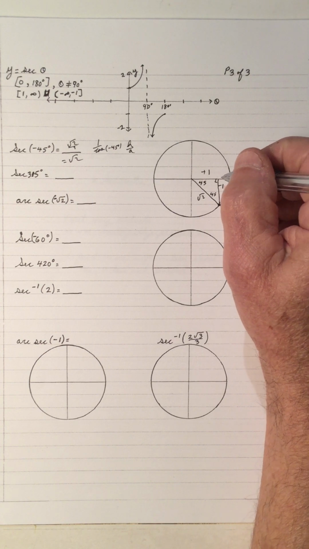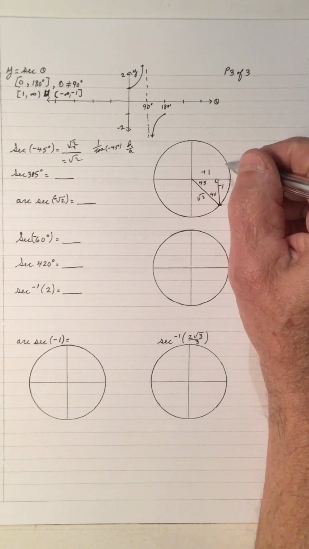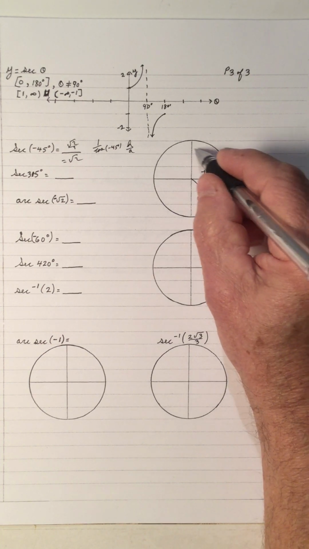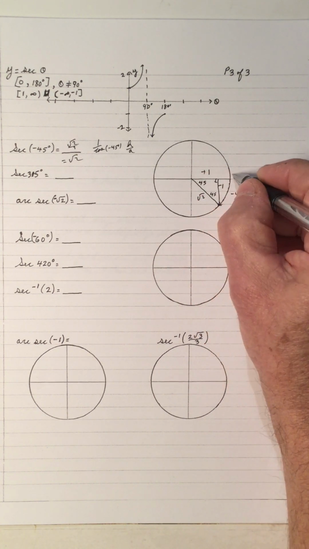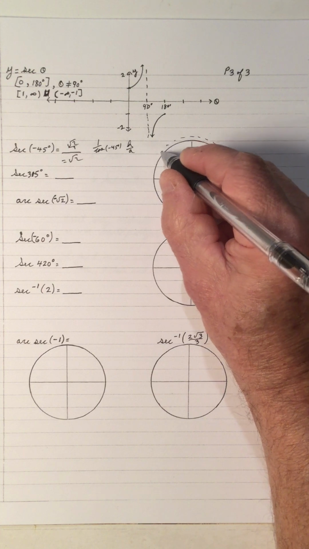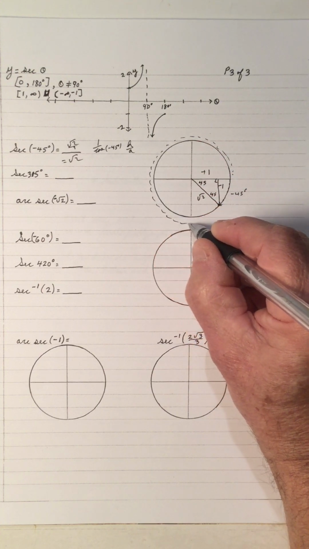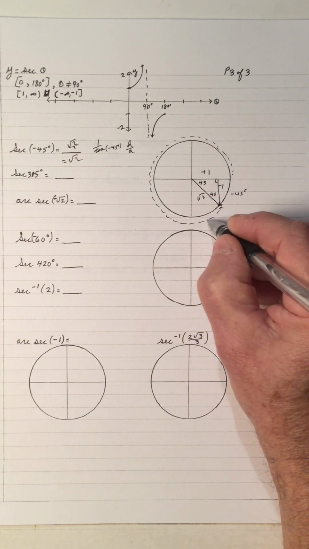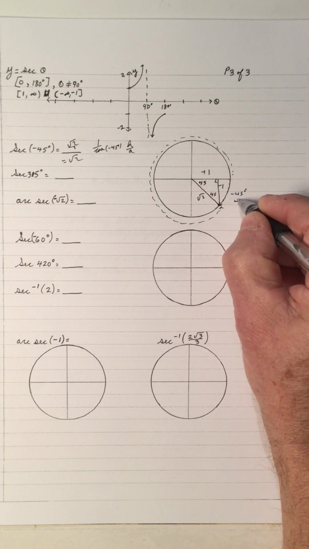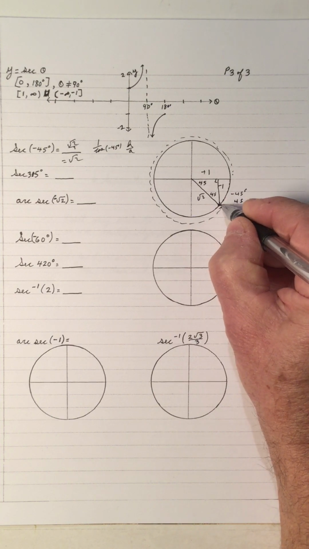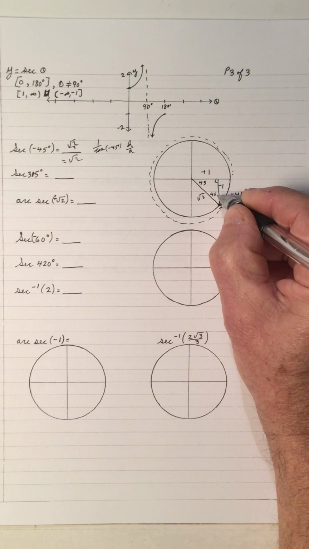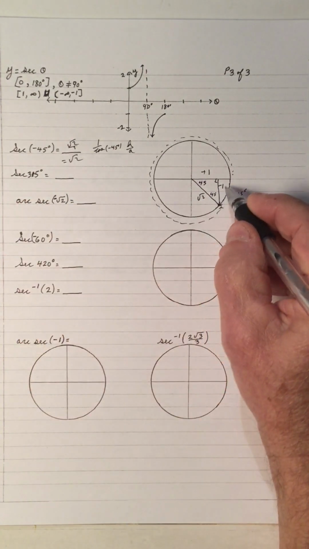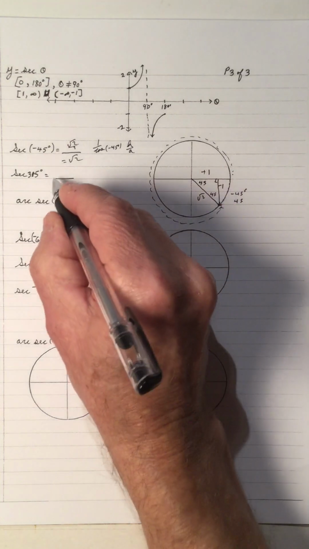And what about 315 degrees? So 315 degrees is all the way around to here. So this is rotating this way, 315 degrees, right to here. So that still gives us 45 degrees right here on the arc. This is the same triangle again. So the answer to the negative 45 is the same as 315.